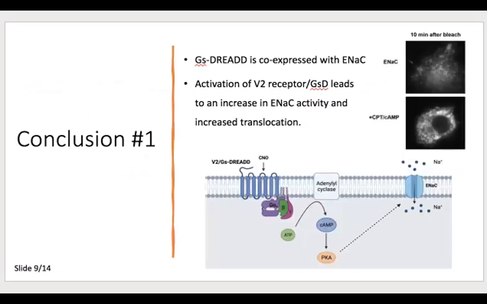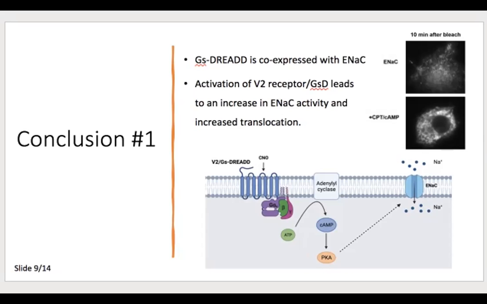So far, we have evidence that the GS-DREAD receptor co-expresses with ENaC, which makes it a good model for the GS-based V2 receptor. The FRAP and patch clamp experiments indicated that activation of the GS signaling pathway increases ENaC activity.